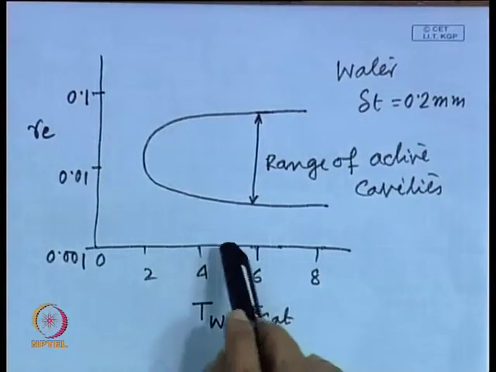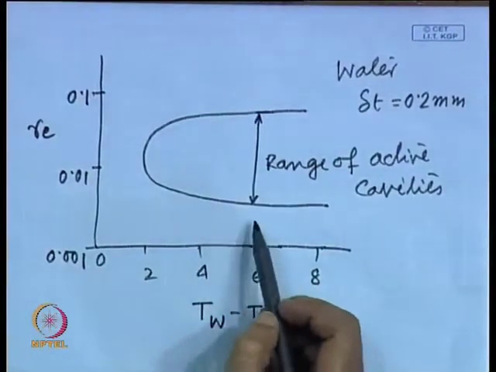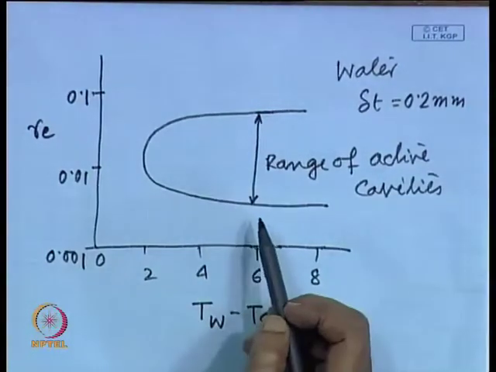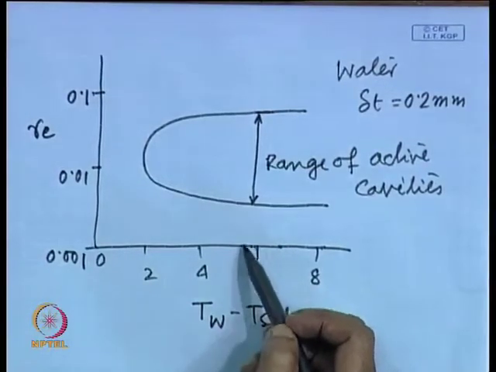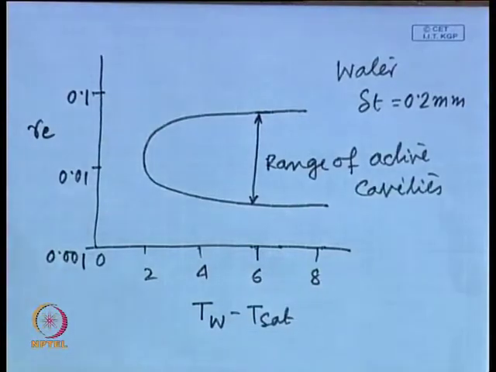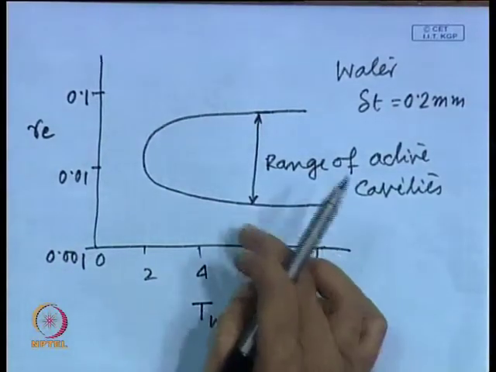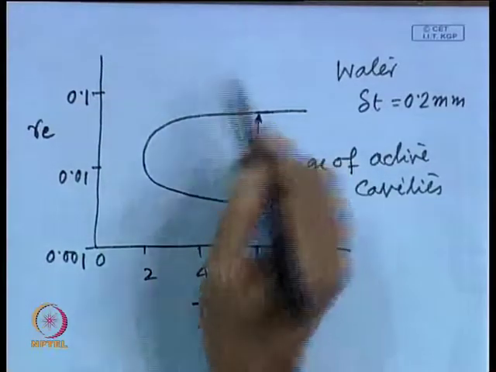Now, what happens on this side and this side? See, below this it is very easy to tell. Below this, the cavity is so small that it is not activated and it will not act as a bubble nucleation site. Above this what is happening?